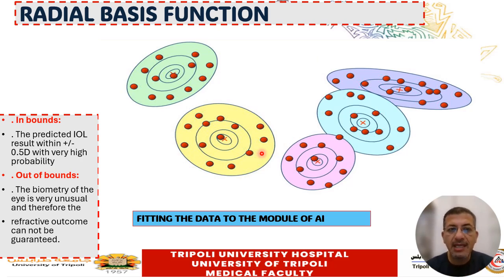This is as simple as that. I hope that I can get the idea across to you. You need not go deep in this respect. However, just know that this is a sort of deep learning known as neural networking, and it is based on pattern recognition. This is the basis of the Hill-RBF formula.